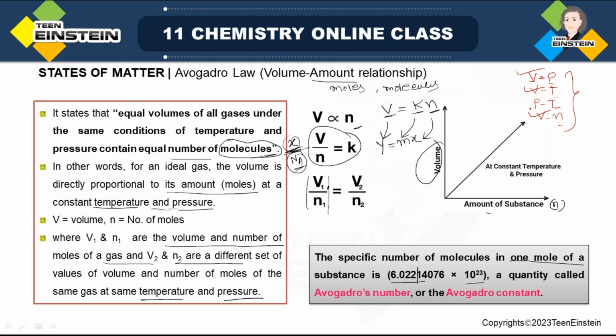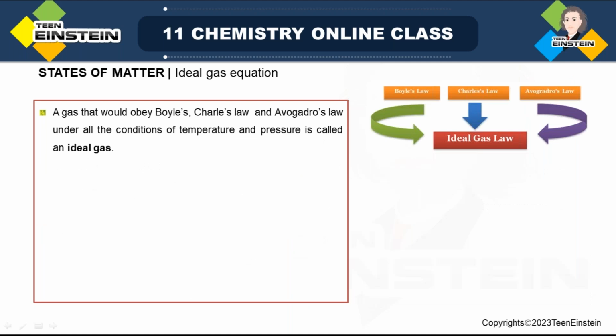So even if you do not consider it, it doesn't matter. Here we have taken Boyle's law, Charles' law, Avogadro's law: the V, P relationship, V, T relationship, V, N relationship. So now you can get a relationship where all these quantities will be present simultaneously.